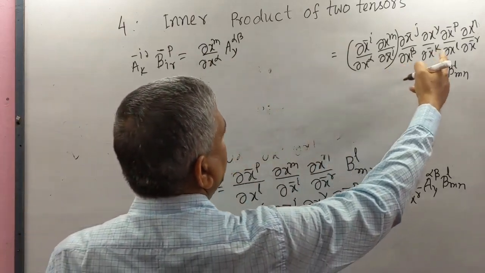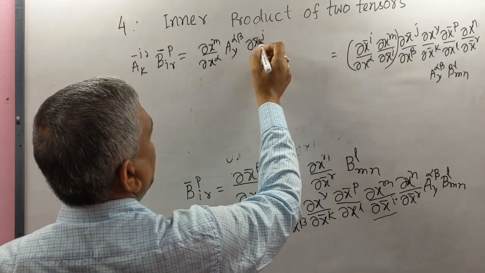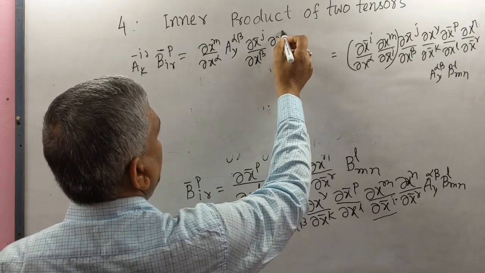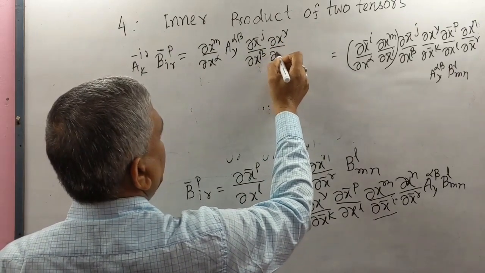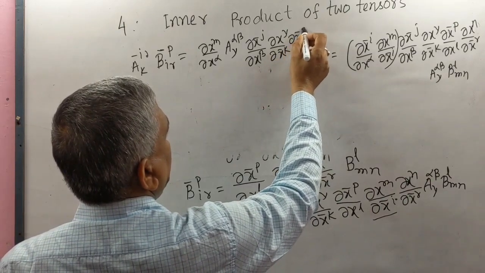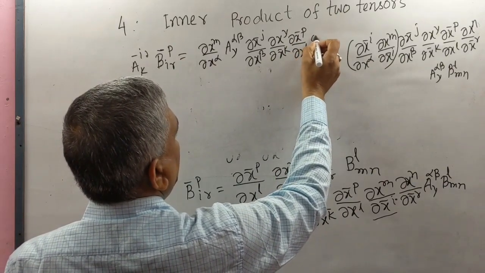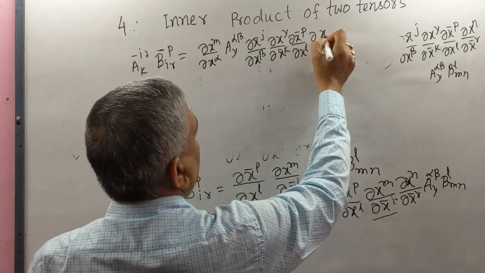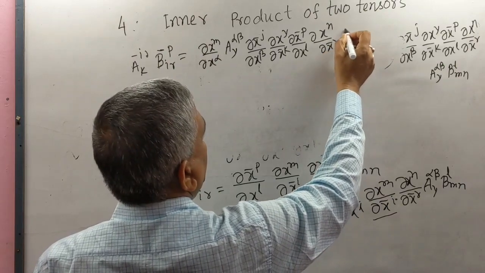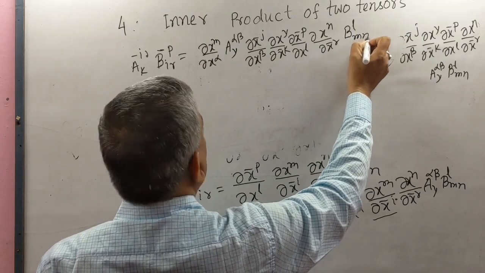Next we write these partial derivatives, del x bar j by del x beta, del x gamma by del x bar k, del x bar p by del x l, del x n by del x bar r, and B l m n.